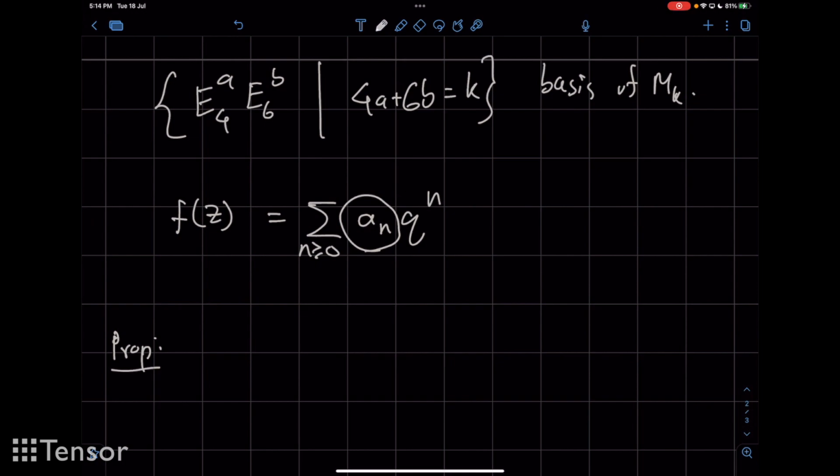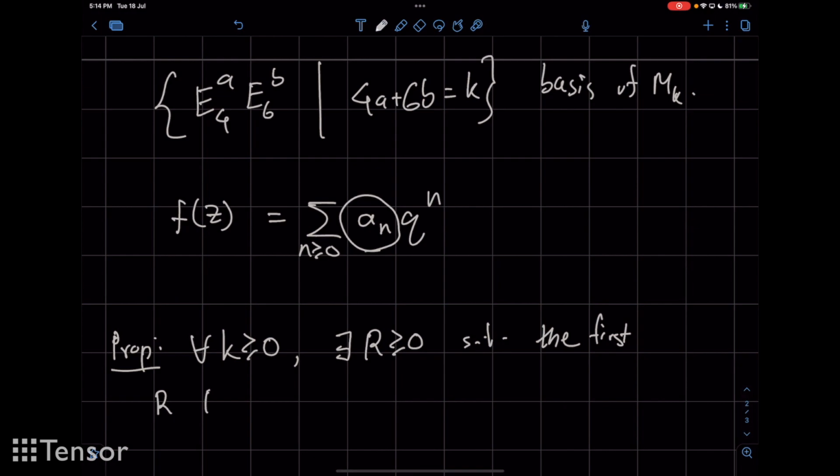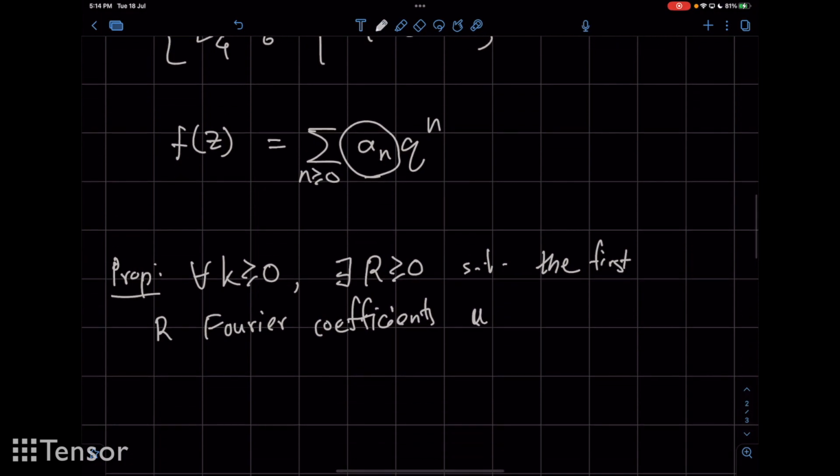The proposition says that for every k greater than 0, there exists some r such that the first r Fourier coefficients uniquely determine f, that is, the modular form. These a_n are called Fourier coefficients.